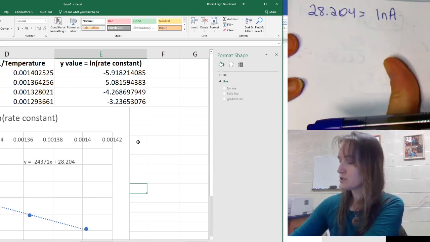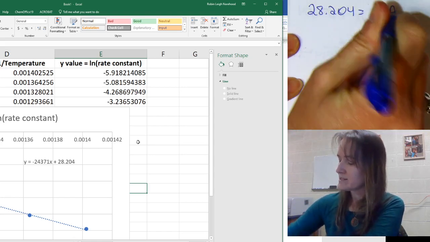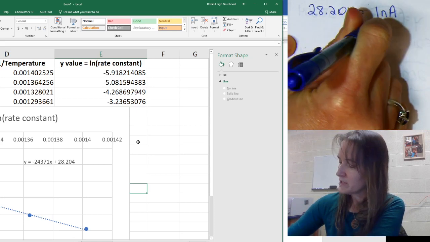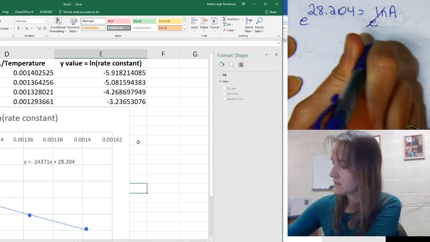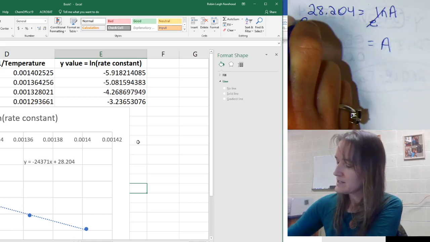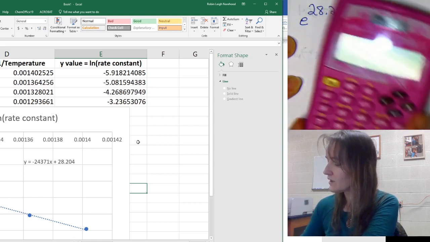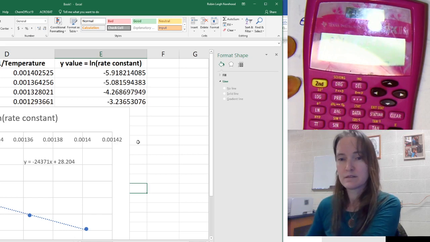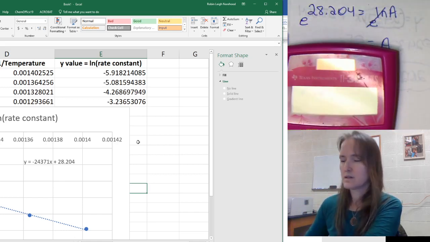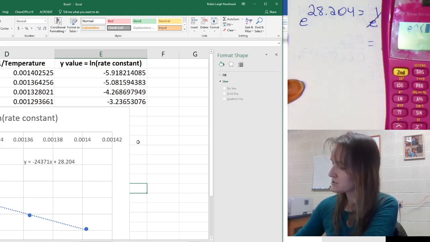So we have 28.204 equals ln of A. So A is our unknown, so we do E of both sides, and that will cancel out the ln. And so A is E raised to the y-intercept. So we have E raised to the 28.204 power.